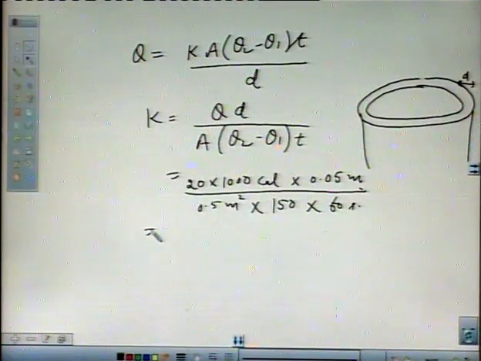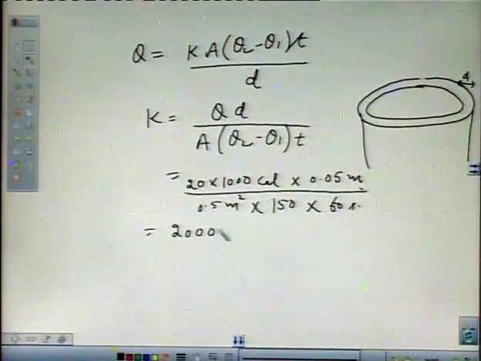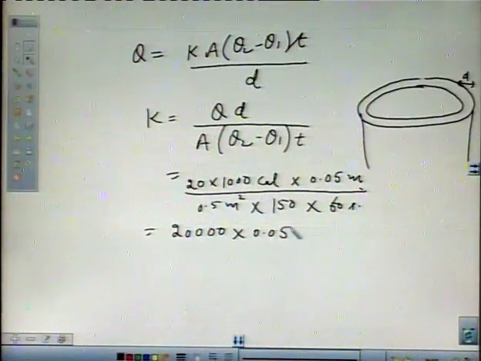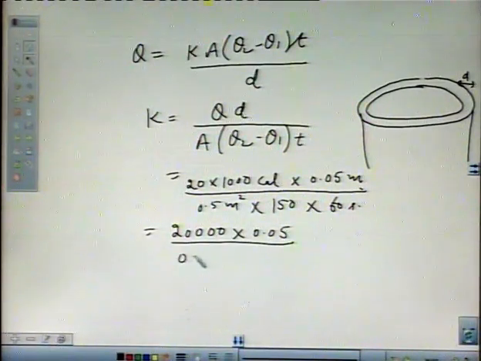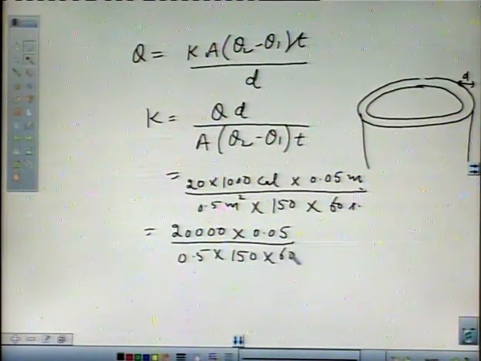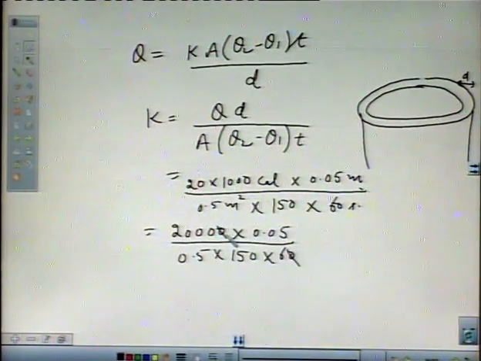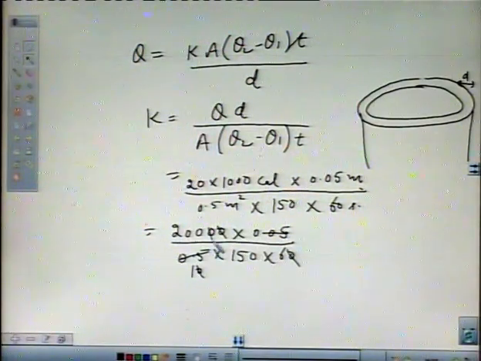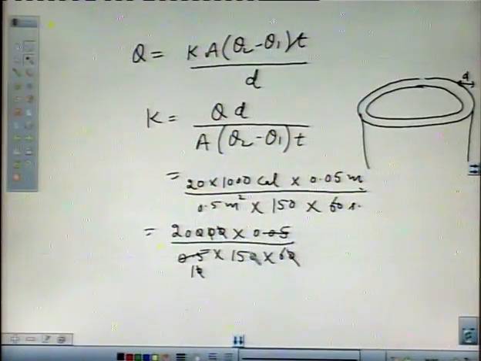So on solving it, we have 20,000 into 0.05 divided by 0.5 into 150 into 60. 60 cancels out with 60, and the zeros cancel, so this is equal to 50 upon 15.